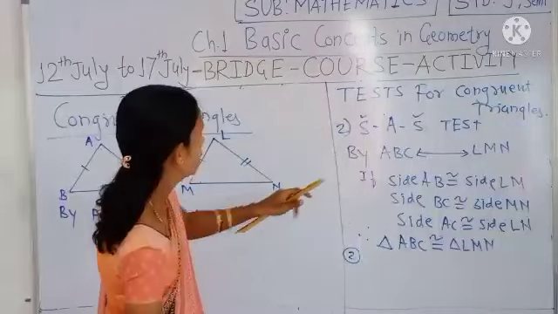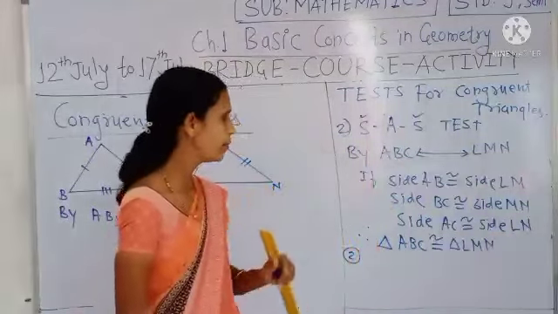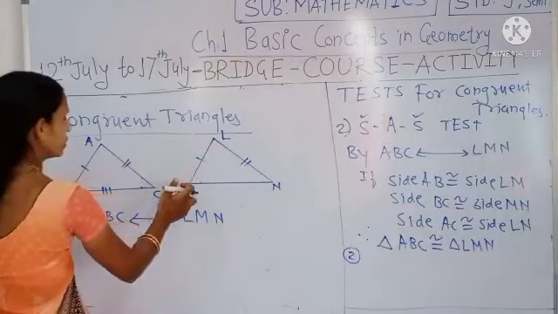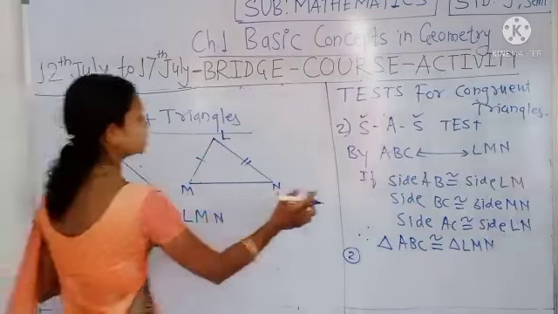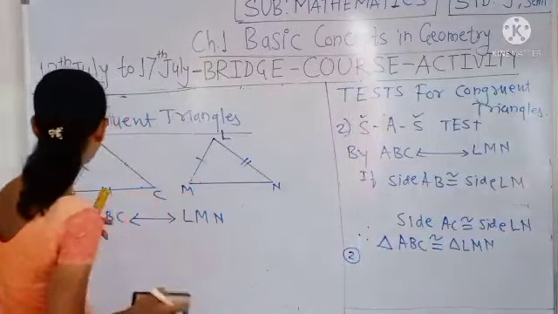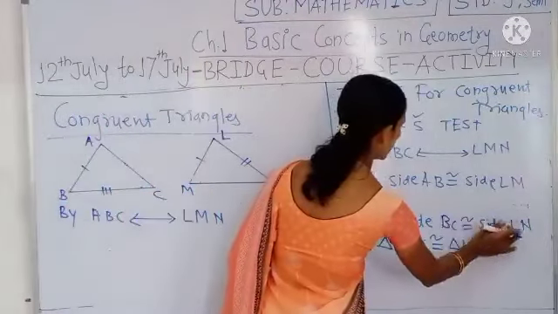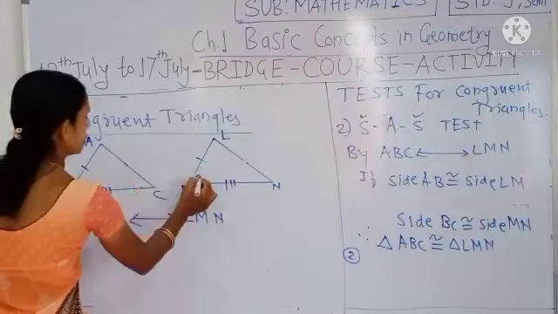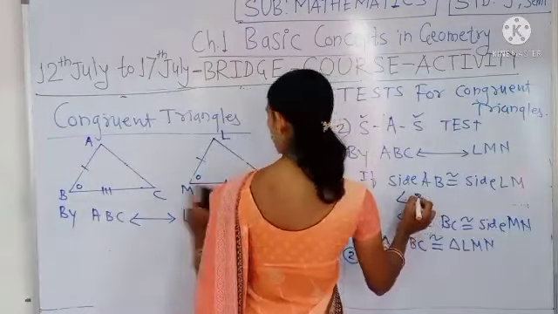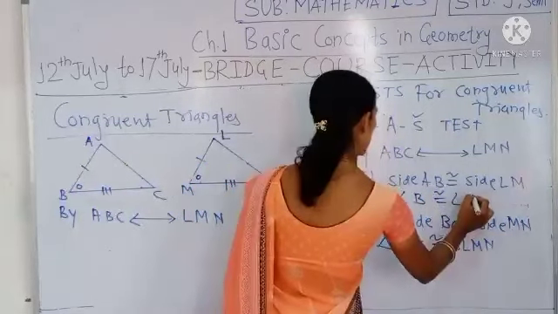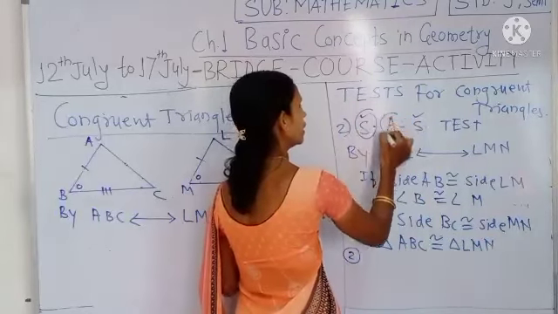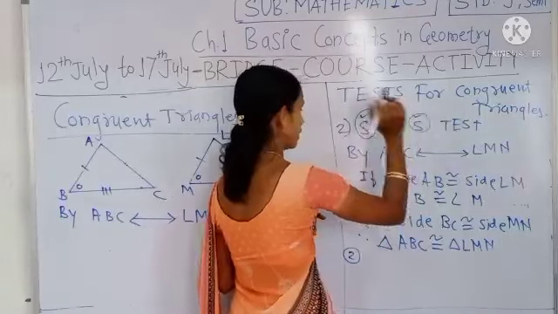By ABC corresponds to LMN, if side AB is congruent with side LM, and side BC is congruent with side MN, and the corresponding angles between those two sides are also congruent, that is angle B congruent to angle M, then triangle ABC is congruent to triangle LMN by the SAS test, that is the side angle side test.